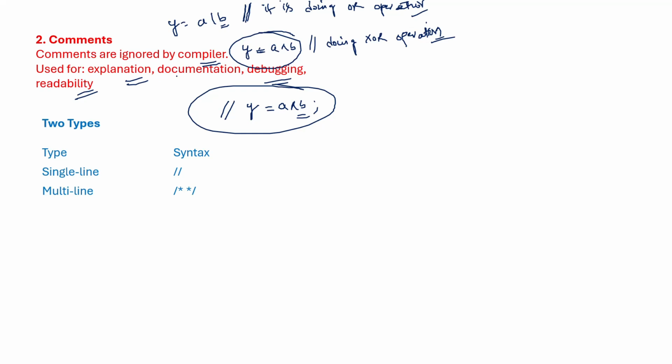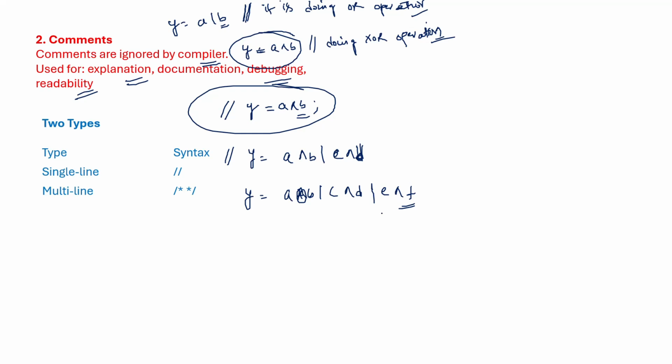Okay, that is the comment line usage. Suppose you modified some code. Y equal to a xor b or and b c xor d, this operation is there, but I don't want it. Instead of this operation I am using a xor b or and then c xor d, or and then e xor f.